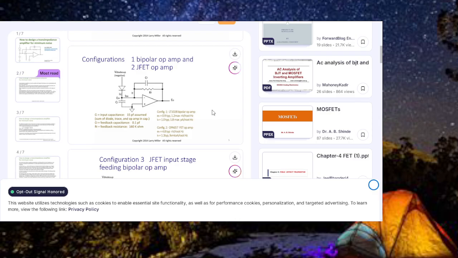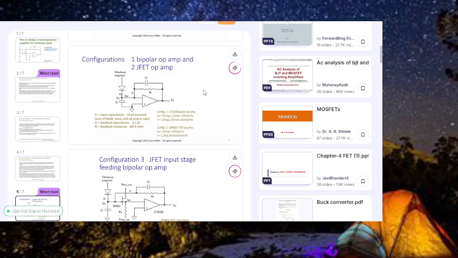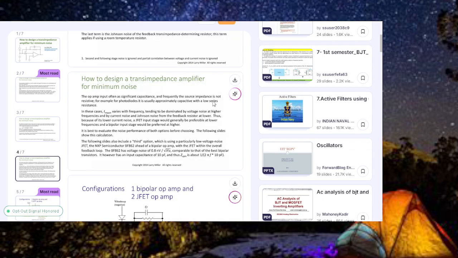It's an LT28 bipolar op amp. Fine. What is this diode here? Is it any diode? What the hell?